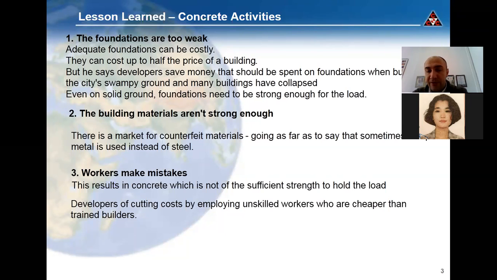A weak foundation is the biggest problem for any type of construction, because inadequate bearing capacity of the foundation, you know, can lead to collapse at the beginning, at the finishing of the construction, and during the operational time.